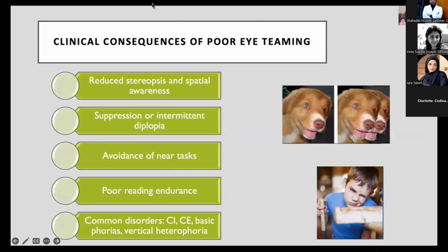Poor eye teaming results in reduced stereopsis or depth perception, spatial disorientation, and avoidance of near work. Clinically, we frequently see conditions such as convergence insufficiency or convergence excess, and basic phorias, or even vertical heterophorias, all of which can significantly affect reading endurance and visual comfort.